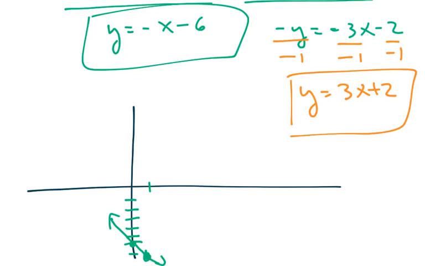Then I graph 3x plus 2, which means I start at 2, and this one goes up 3 over 2, and it would look something like this.